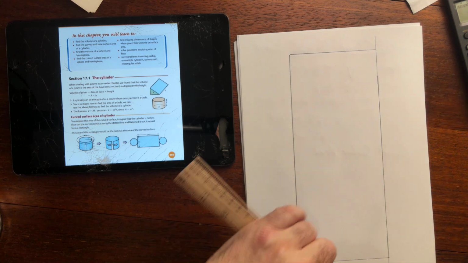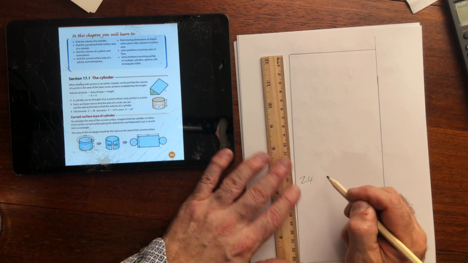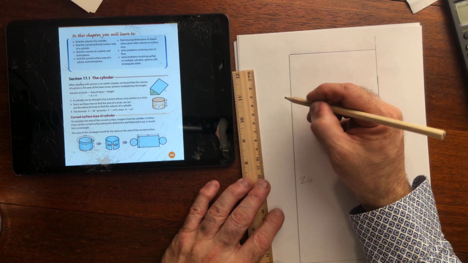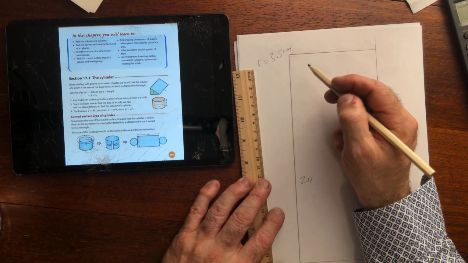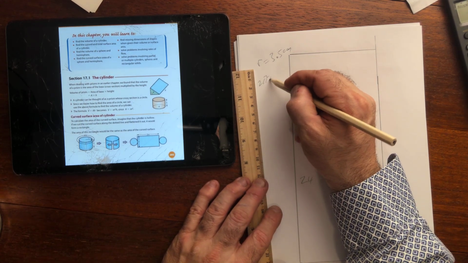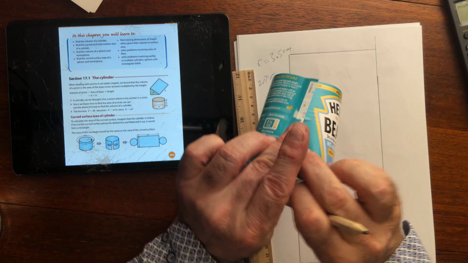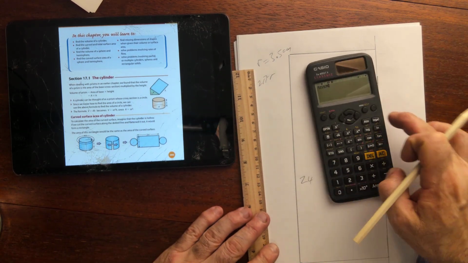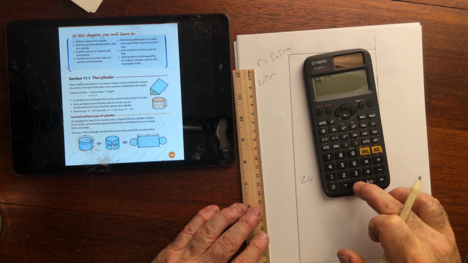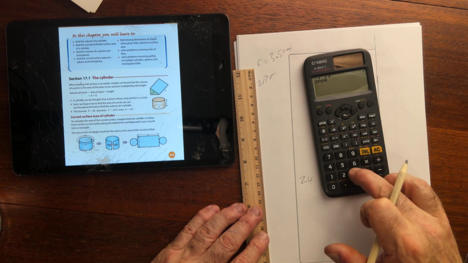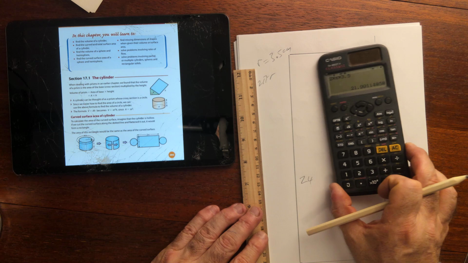Okay, now we can get the height. It's around 24. But we could have also got that using the radius equals 3.5 centimeters, because we know 2 pi r. Now there might be a slight difference because the way the paper went here it overlapped a bit, so it's okay if there's a little bit of an error, but we're going to use 2 times pi times 3.5, and we get 22 centimeters.